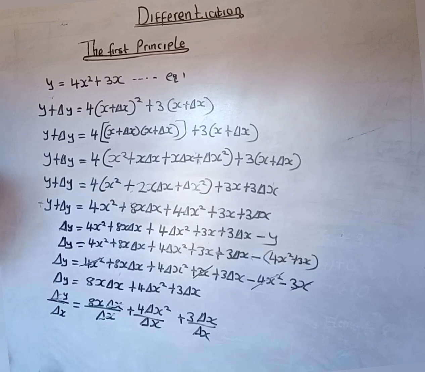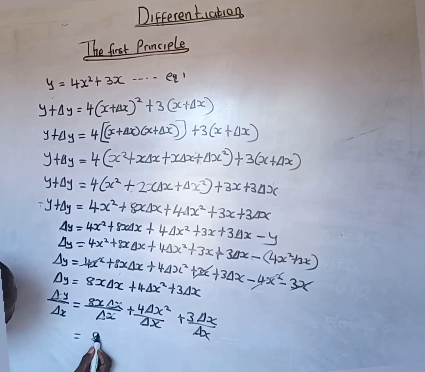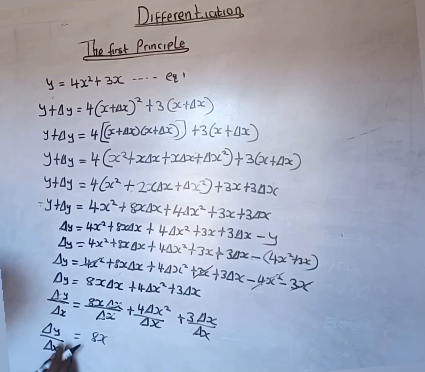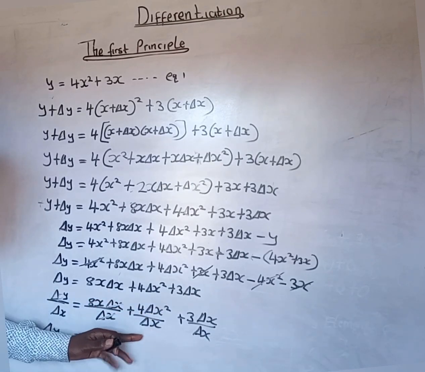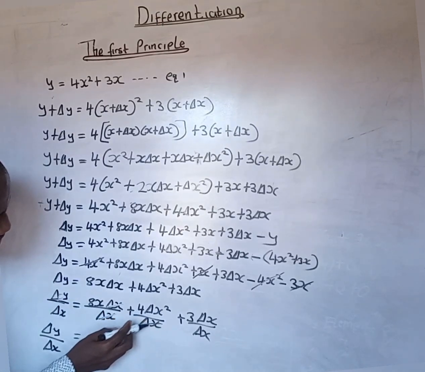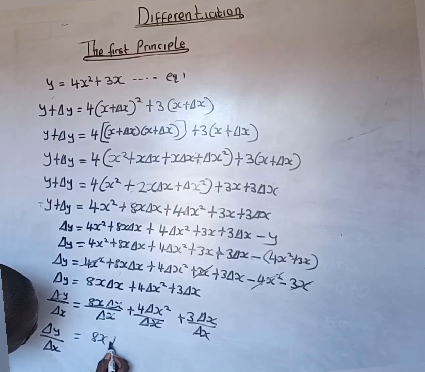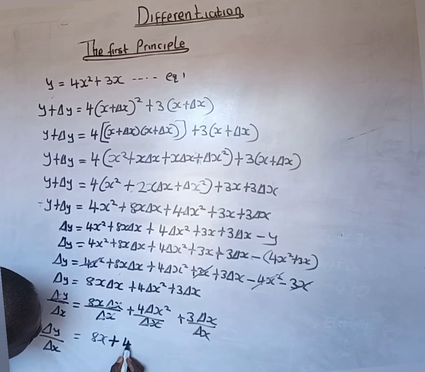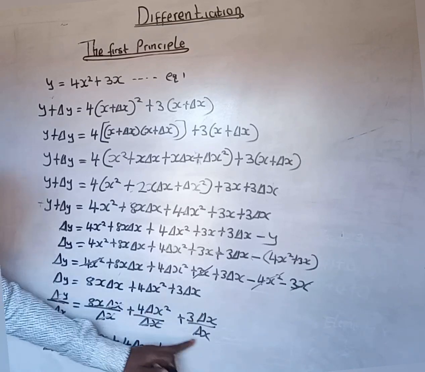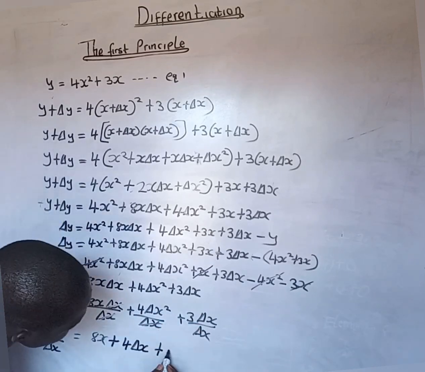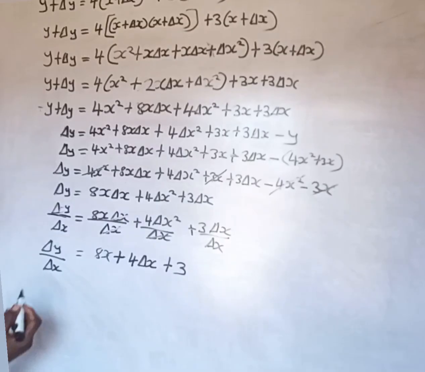So I'm going to be left with 8x. So I'm going to have delta y over delta x is equal to 8x. Now I have delta x squared here and one delta x. So one delta x, we cancel one delta x here. So I'm going to be having plus 4 delta x plus, now if you look at this, I have one delta x here, I have a delta x here. So delta x divided by delta x, I'm left with plus 3.